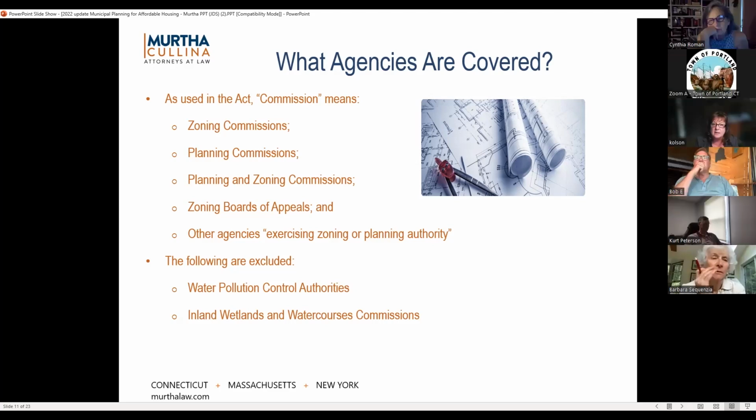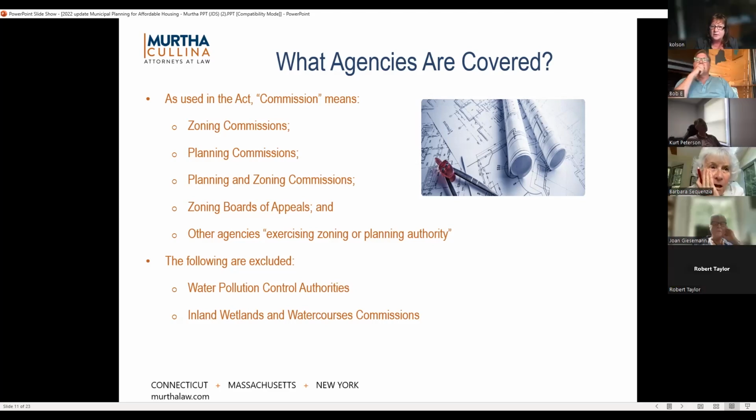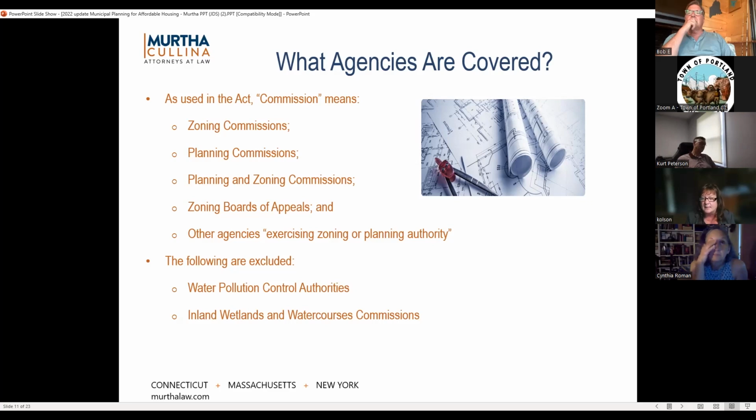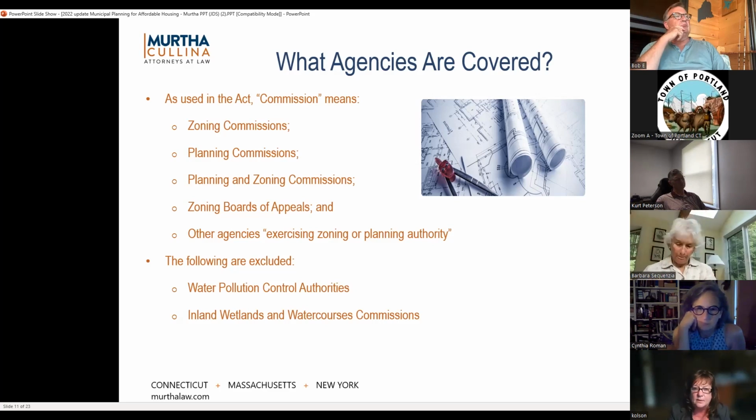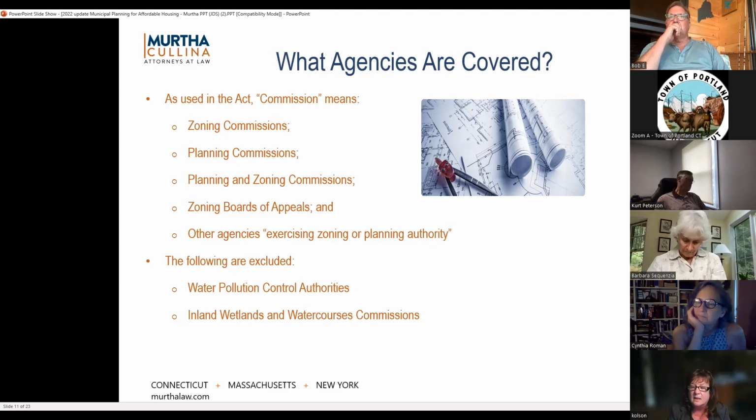So what agencies are covered by the Affordable Housing Act? It's any planning and zoning, zoning board of appeals, or other agencies exercising zoning or planning authority. What does that mean? In some of the cities and towns I work with, like the Board of Aldermen is the zoning authority, okay? What's excluded are water pollution control authorities and inland wetlands and watercourses commissions, okay?